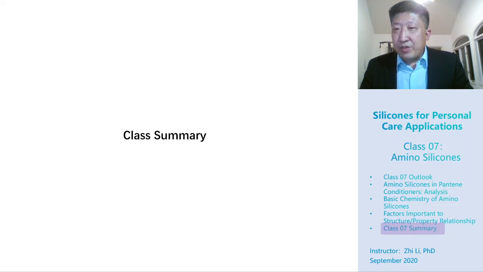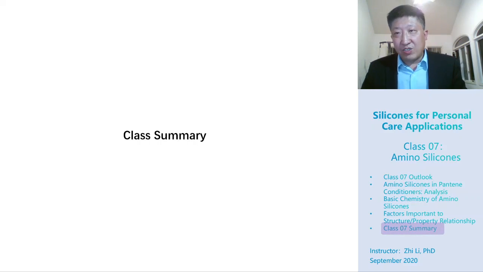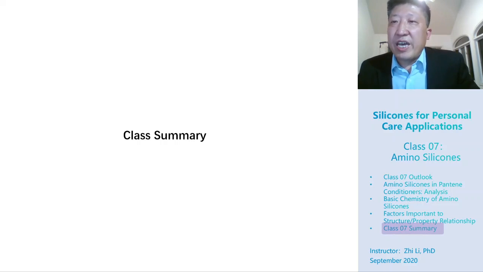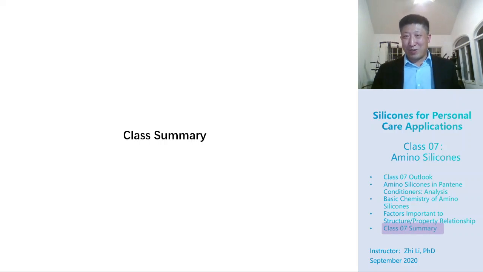We started with some basic knowledge about aminosilicones. They have a nitrogen atom, potentially a positive charge modification on silicones. And then we had a flavor of how they are used successfully by P&G in a variety of products. And this is associated with my understanding of what aminosilicone is most efficient at in formulation, which is doing the repair, this last-minute damage repair after you have screwed up your hair.